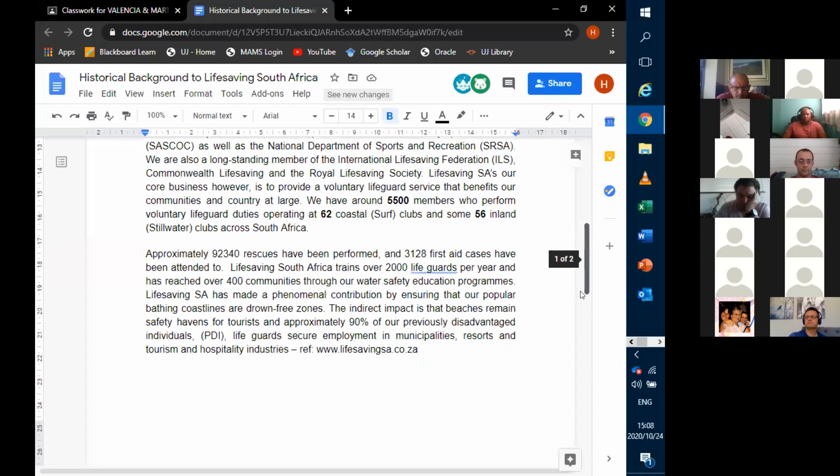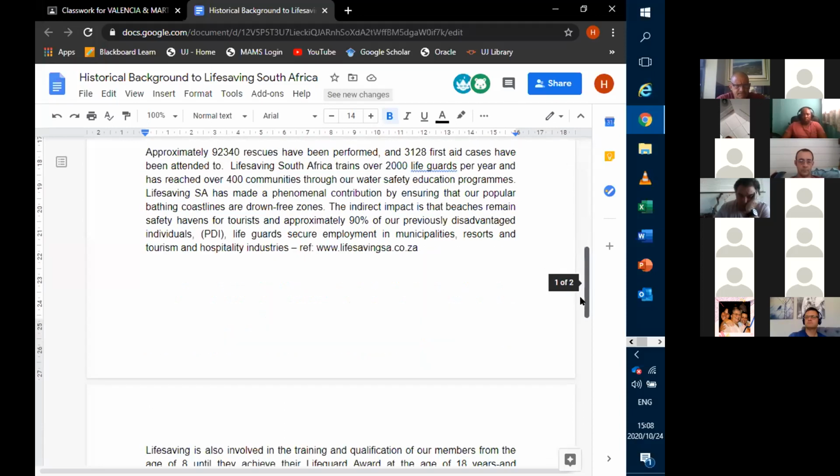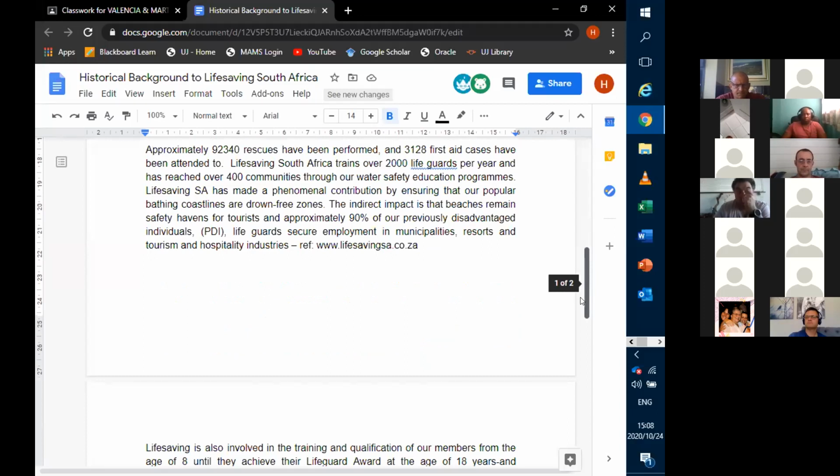The indirect impact is that beaches remain safe havens, especially for our tourists and for 90% of our previously disadvantaged individuals, okay? The lifeguards are also able to secure employment in municipalities and resorts and tourism and hospitality industries, okay? And then there's the reference. You can just check the reference.